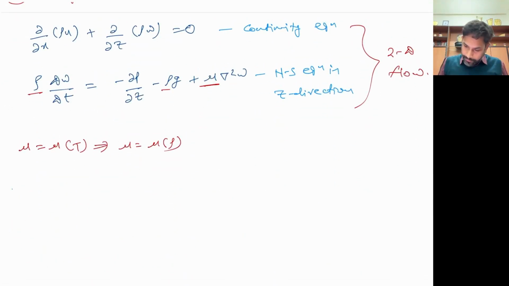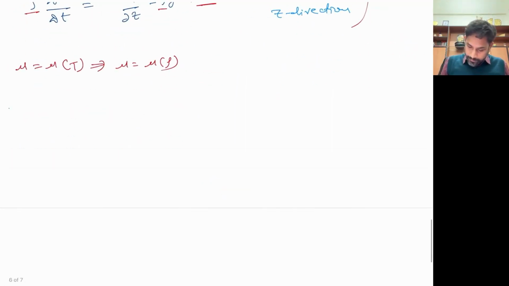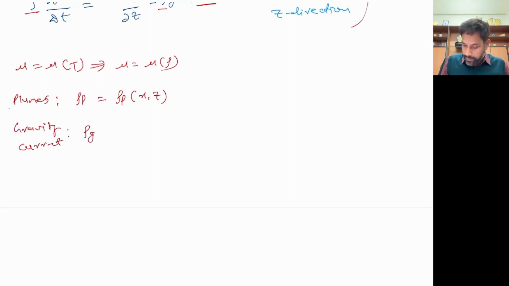So for plume, rho p is a function of x and z, and for gravity current, rho g is a function of x and z.